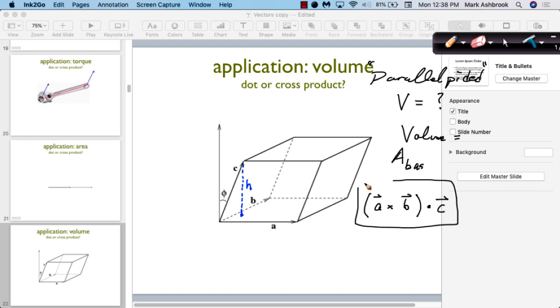Did anybody else get that before we started talking? Anyone else have that? Yeah? Good. Does it make sense? So this is the area of the base, its magnitude. And then when we dot it with C, we get the product of these magnitudes, but only as much of C as is in the direction of A cross B, which is the height. And that's exactly what we need, area of the base times the height.